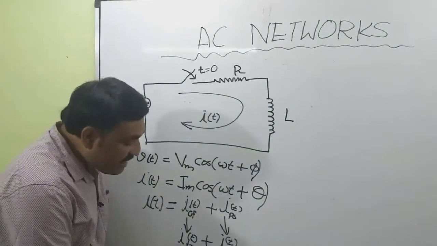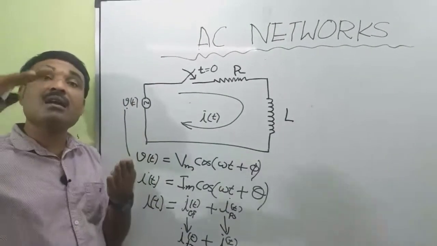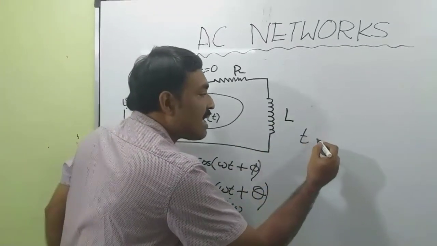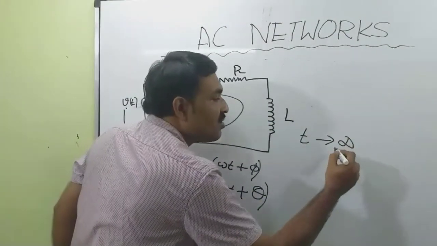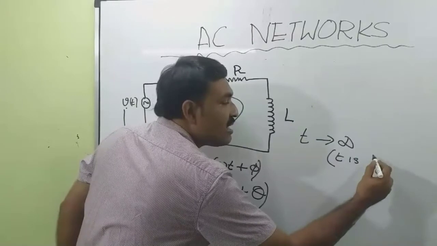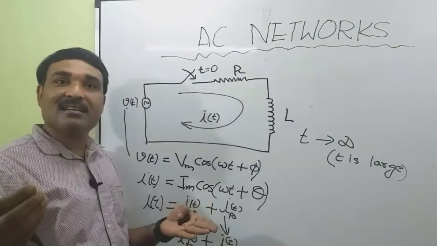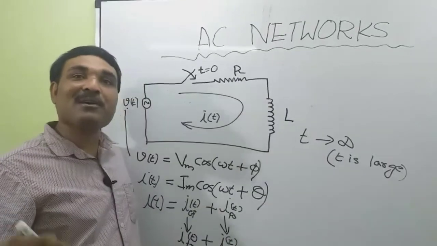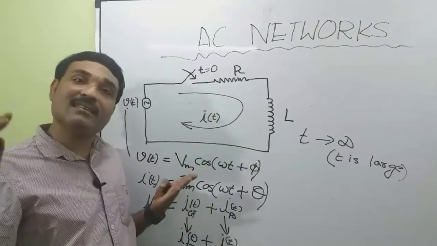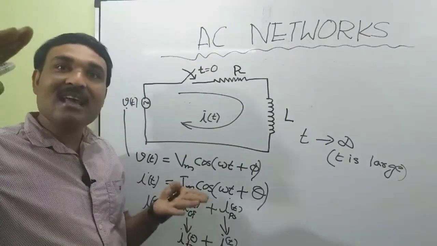Now as t tends to infinity, that means t is very large. This very large is some milliseconds, since as compared to microseconds and nanoseconds, a millisecond is large. Infinity means a large quantity.